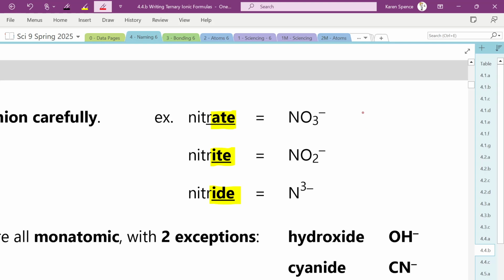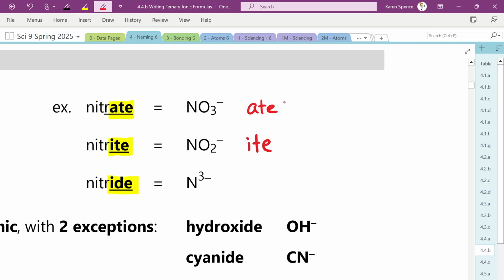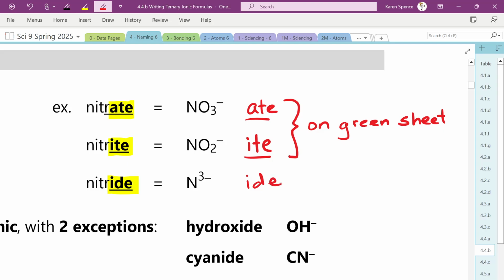When you see ate and ite, those two are going to be on the green sheet. So if you have an ate ending or an ite ending, you look on the green sheet. But if you have an ide ending, these ones are mostly single elements.